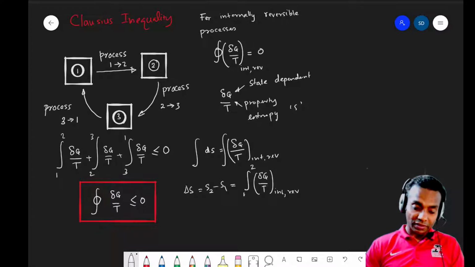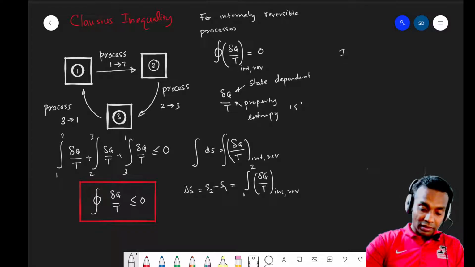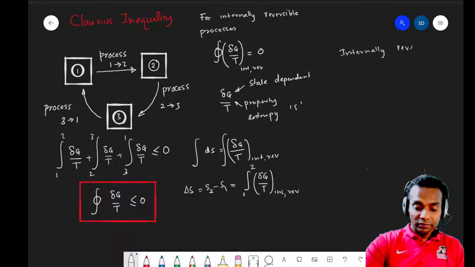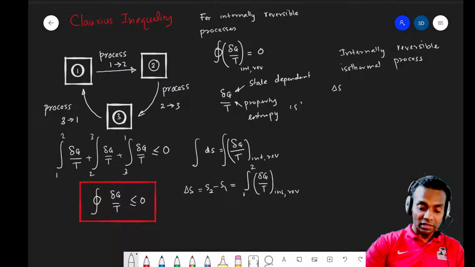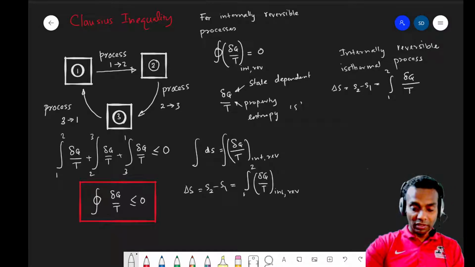In particular situations like an internally reversible isothermal process, since it is internally reversible, we can write delta S, which is S2 minus S1, equal to the integral from 1 to 2 of dQ over T. T is a constant here; let's say T naught.